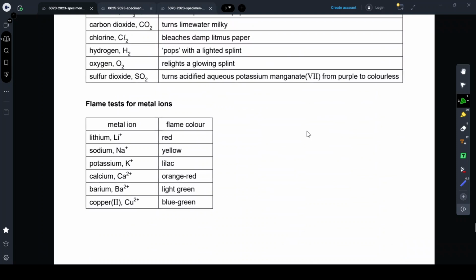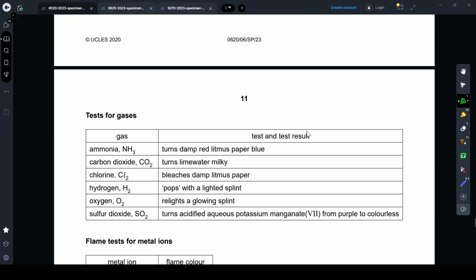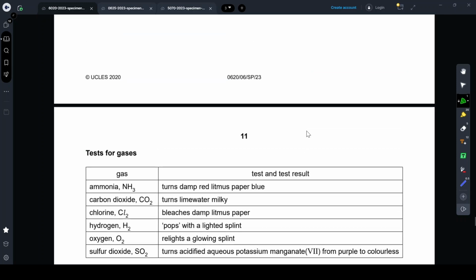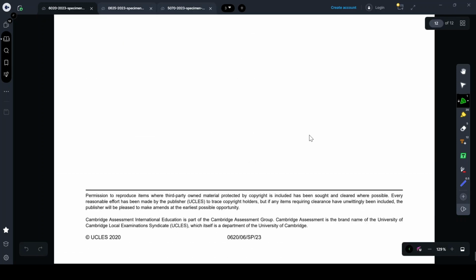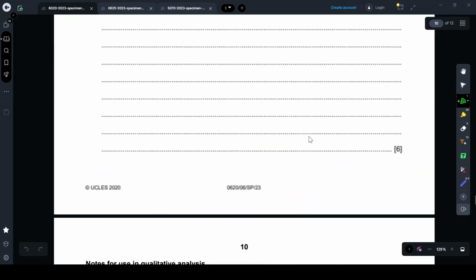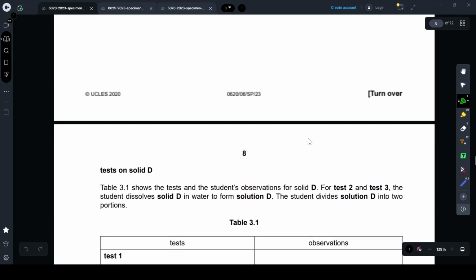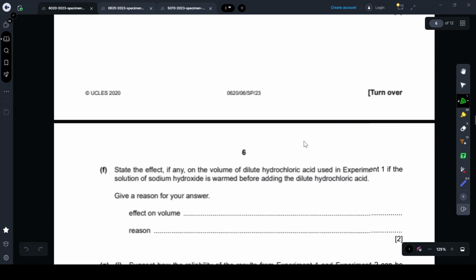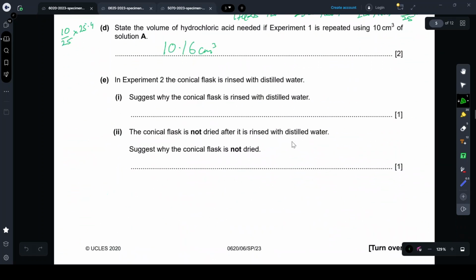So they will be in every ATP, so we don't need to memorize them. This paper is obviously focused on the practical aspects.